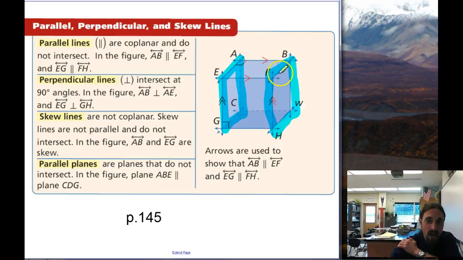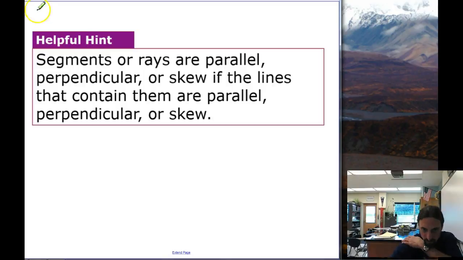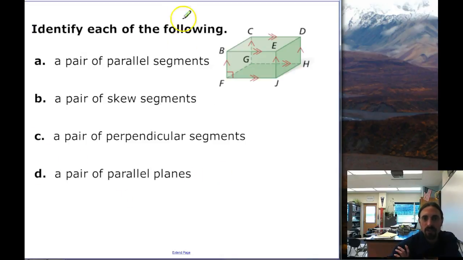So these two sides are parallel. And that's kind of the big idea there. All right, segments or rays are parallel, perpendicular, or skew if the lines that contain them are parallel, perpendicular, or skew.